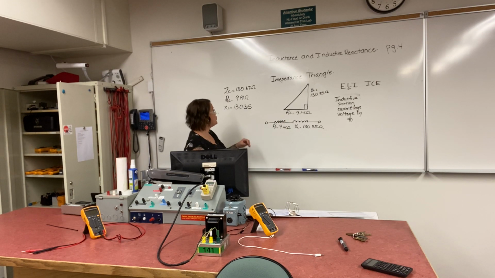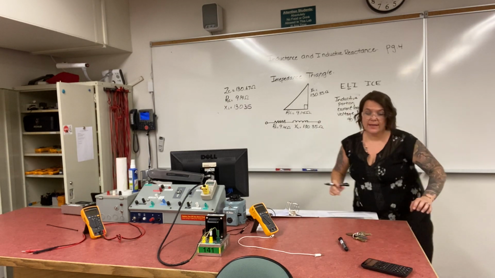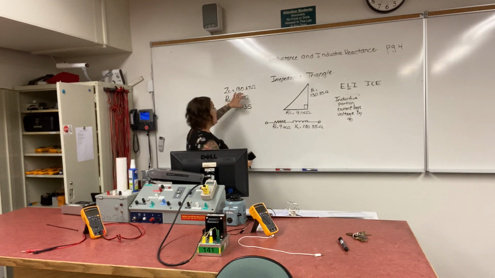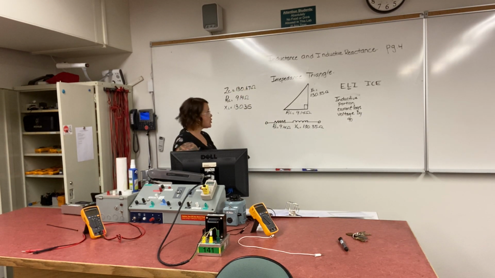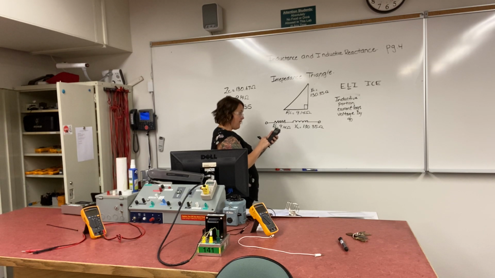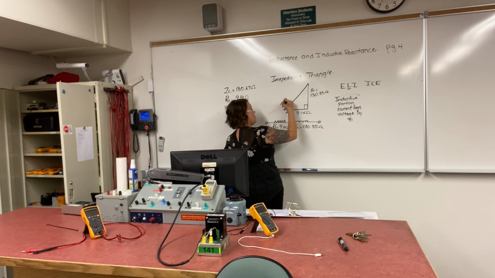And then if you were to do Pythagorean on those two sides, you would equal our impedance value, which we indicated by going voltage divided by current, okay? So I'm going to use 9.14 squared plus 130.35 squared equals 130.67, right on the nose.